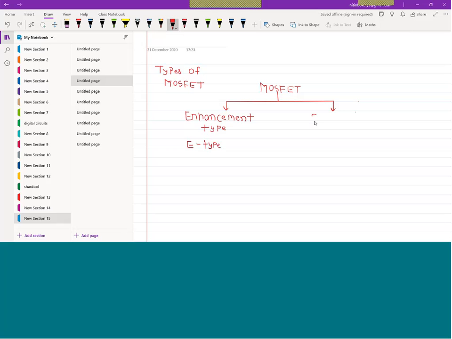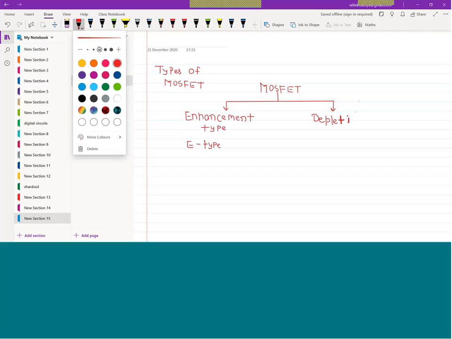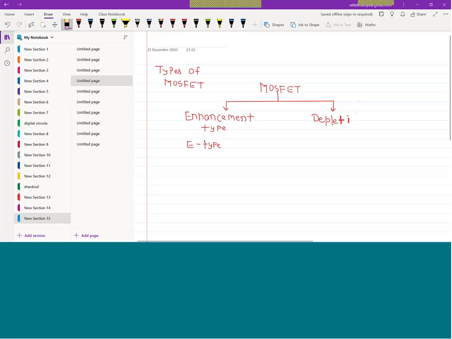The second is known as depletion type MOSFET, or also known as D-type. So the first one is enhancement type MOSFET and the second one is depletion type MOSFET.